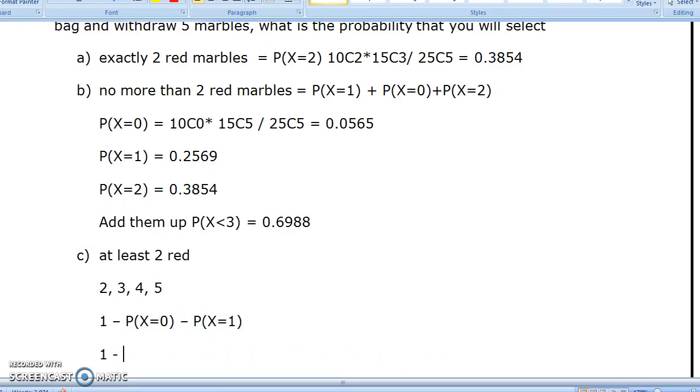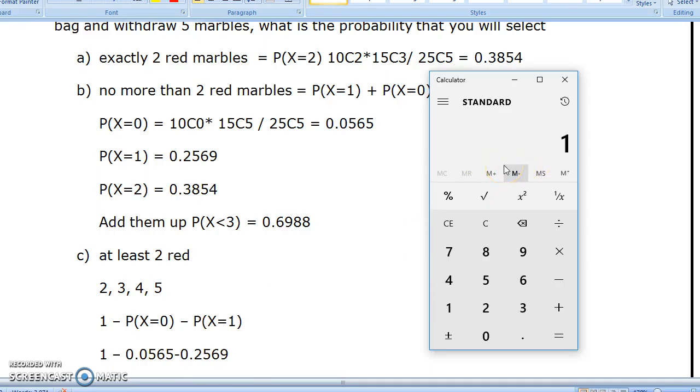We've already done this work, so we go 1 minus 0.0565 minus 0.2569, and we get 0.6866.